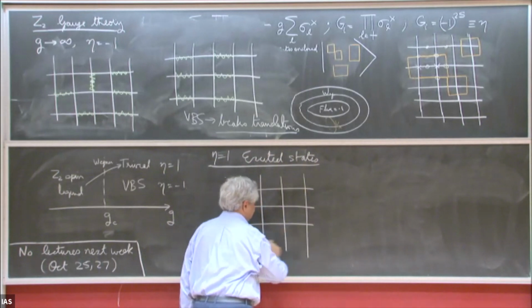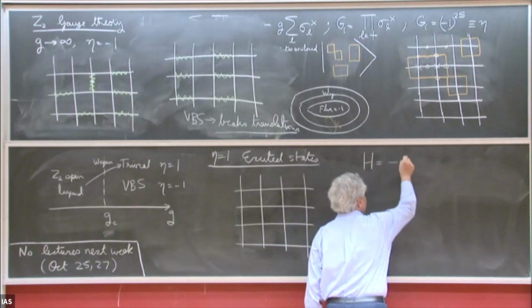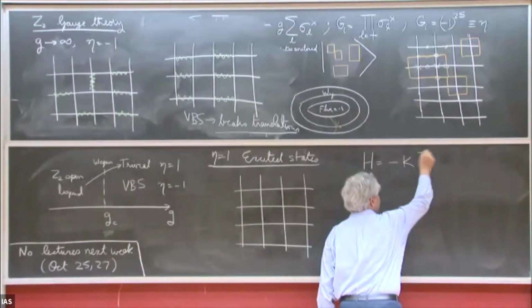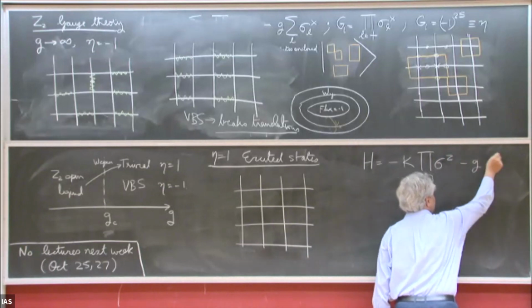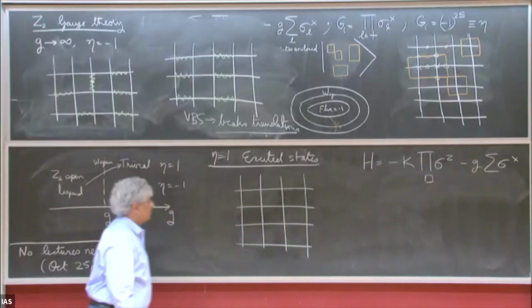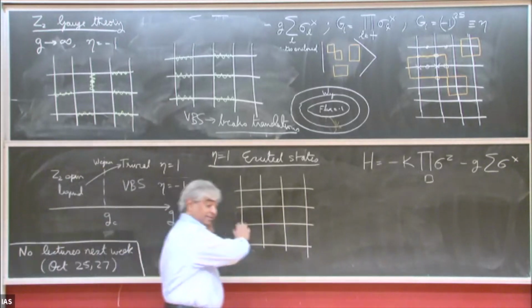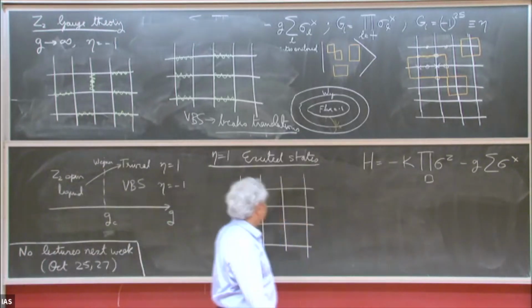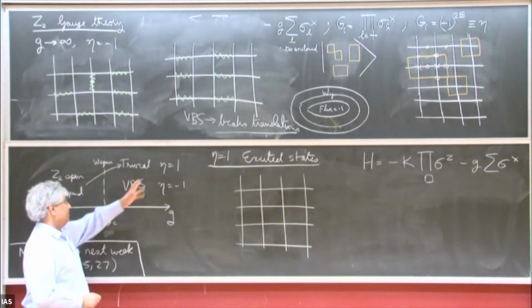Okay. So now I should write up the Hamiltonian here. It's minus k, product of sigma z, minus g, sum of sigma x. Again, there's all this subtlety with making everything gauge invariant, but you can just pull that factor out and do everything in a given sector. It's easy to see what's going on, at least for the eta equals 1 case.